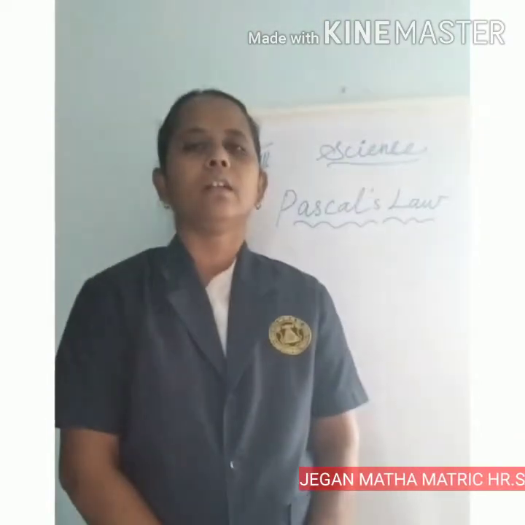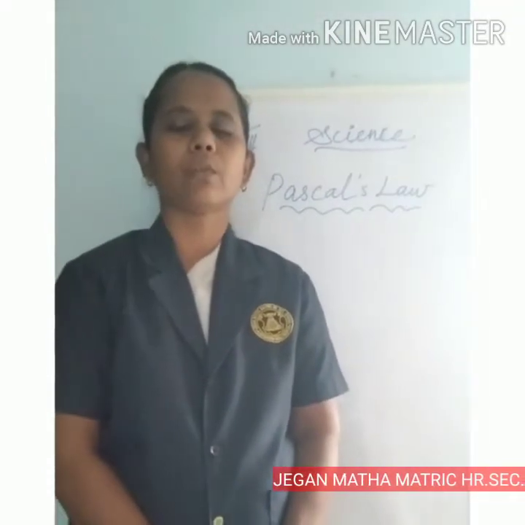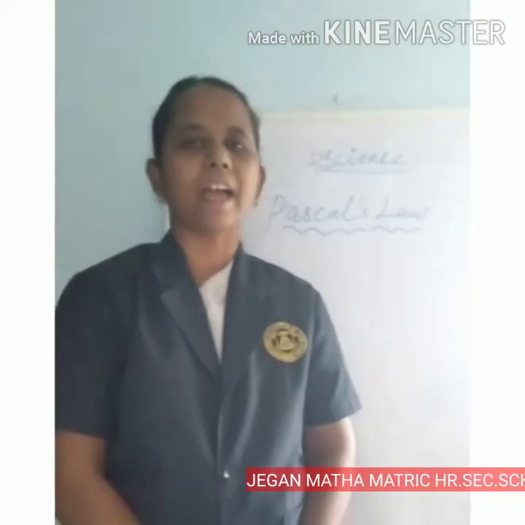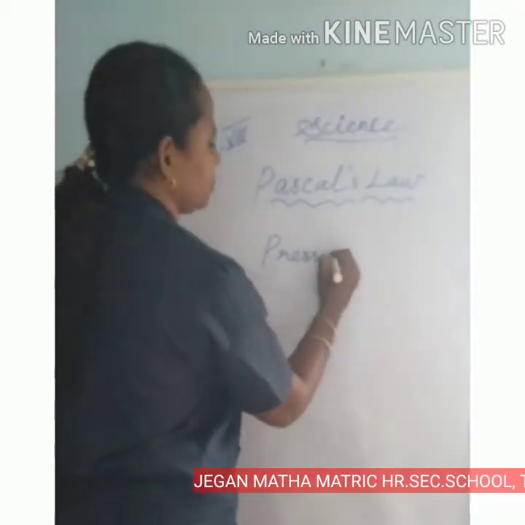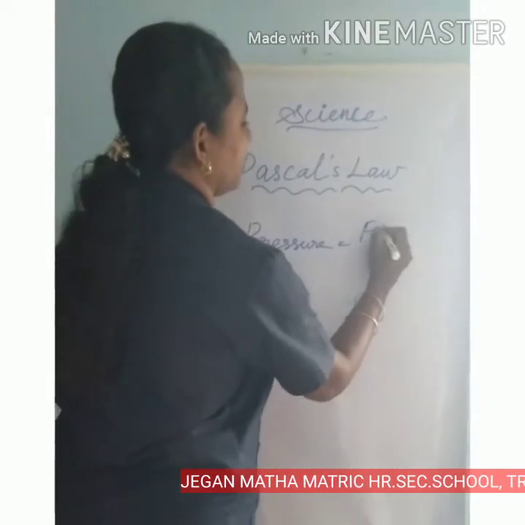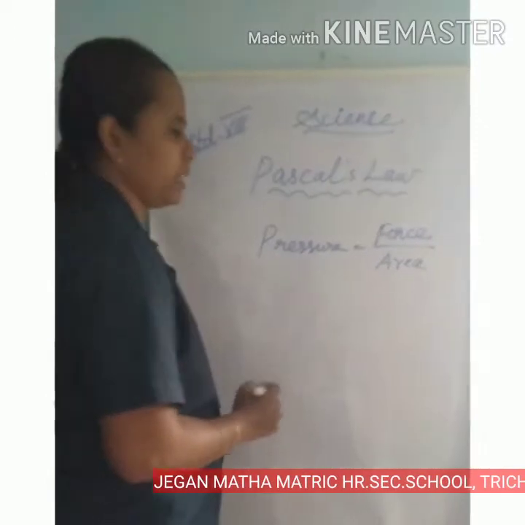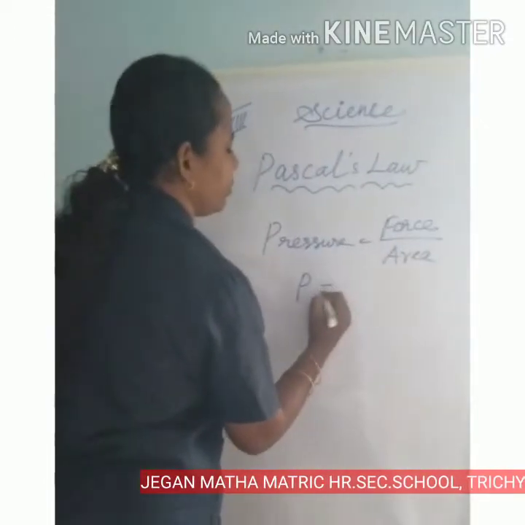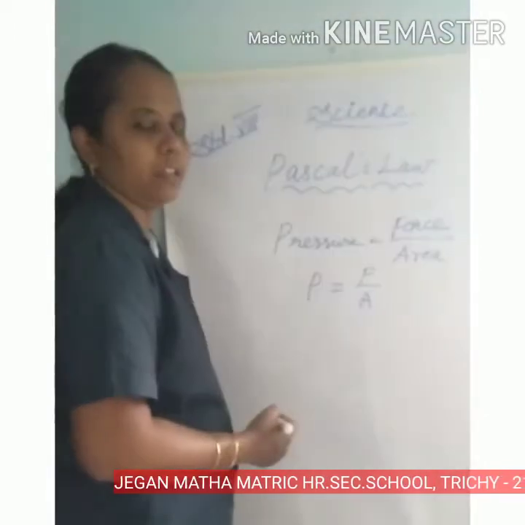Already you know about pressure. What do you mean by pressure? The amount of force acting perpendicularly to the surface of an area on the body. So, pressure is equal to force by area, that is denoted by P = F/A.